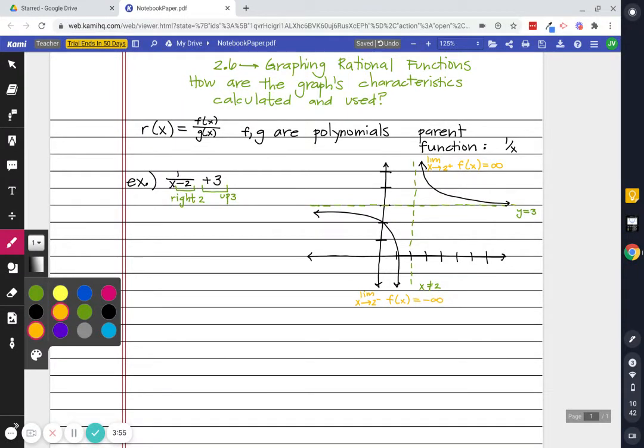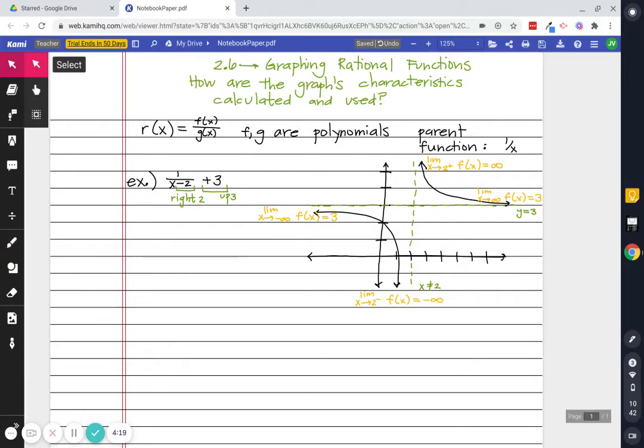The limit as x approaches negative infinity of this function is 3. Same thing over there, positive infinity. The limit as x approaches positive infinity of this function is also 3, because that's what our asymptote says. So that's a basic form of this function.